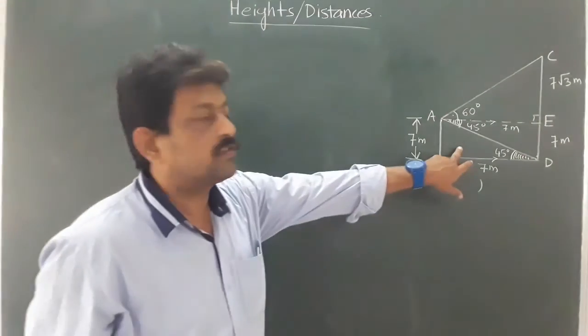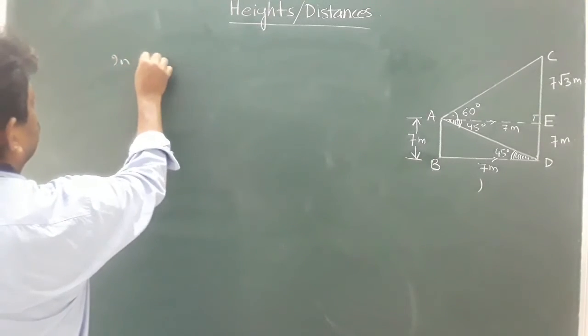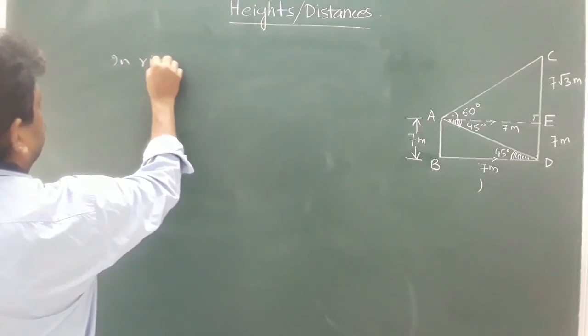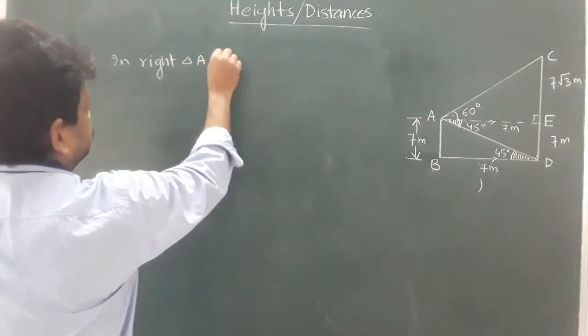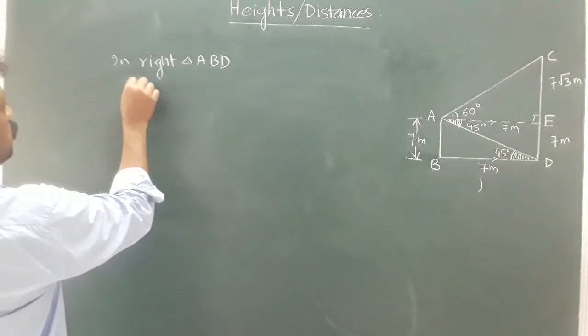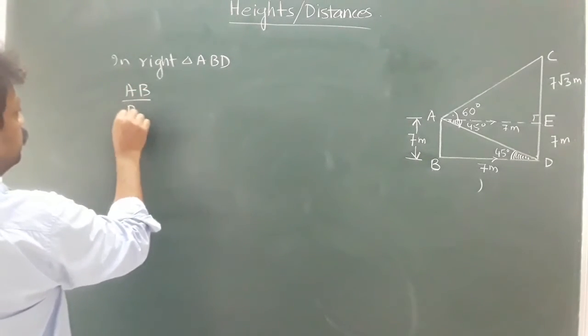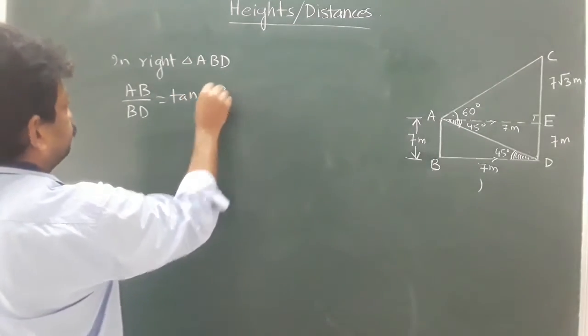So let me start with ABD. In right triangle ABD, AB upon BD is equal to tan 45 degree.